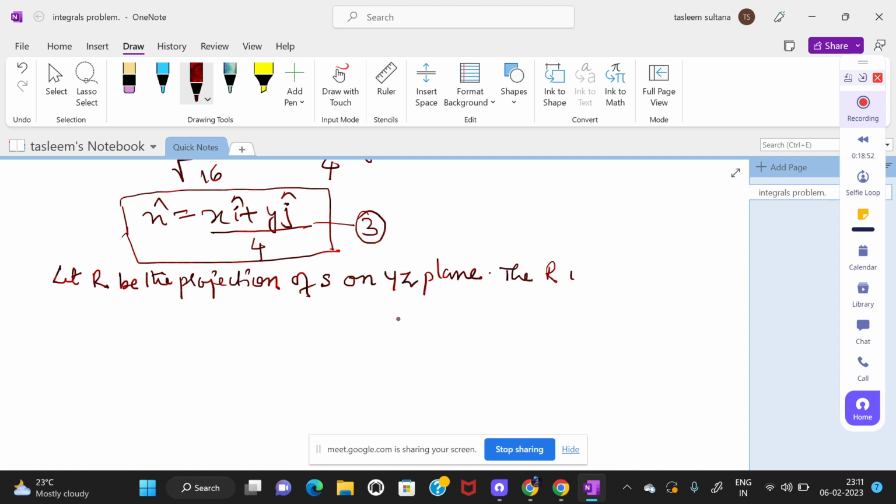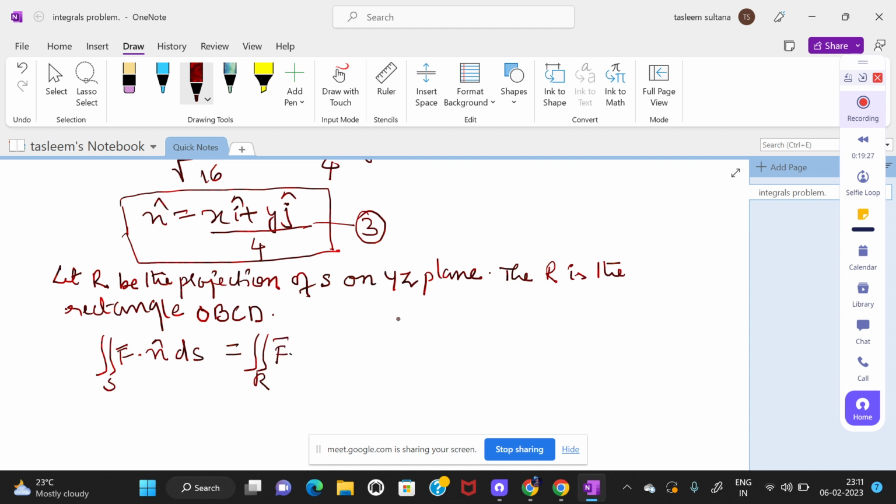R is the rectangle OBCD. Therefore, the surface integral of F vector dot n vector dS is equal to the surface integral over R of F vector dot n vector, where dS will be dy dz divided by mod of n vector dot i vector. Make this equation number 5.